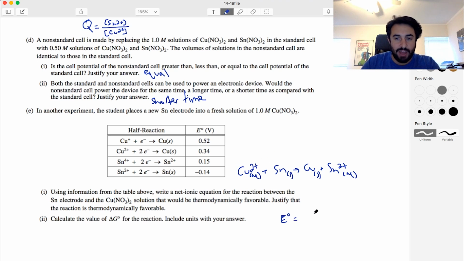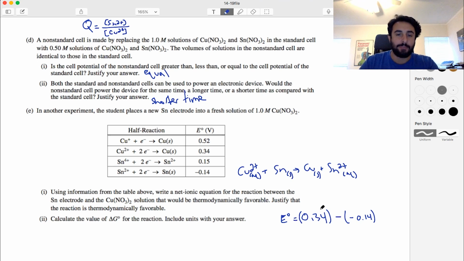And so that is going to be 0.34. And we're going to subtract from that the other half reaction, so tin going to tin 2 plus. Now, this is negative 0.14. Remember, it's a little counterintuitive that we would not flip this. But remember, this negative sign right there, that's doing the flipping for you, right?